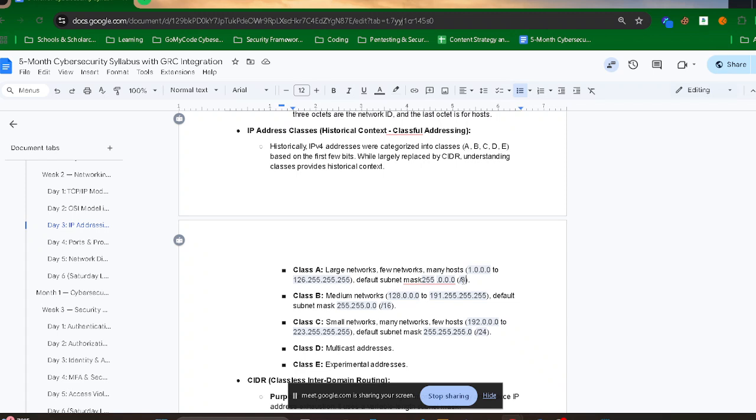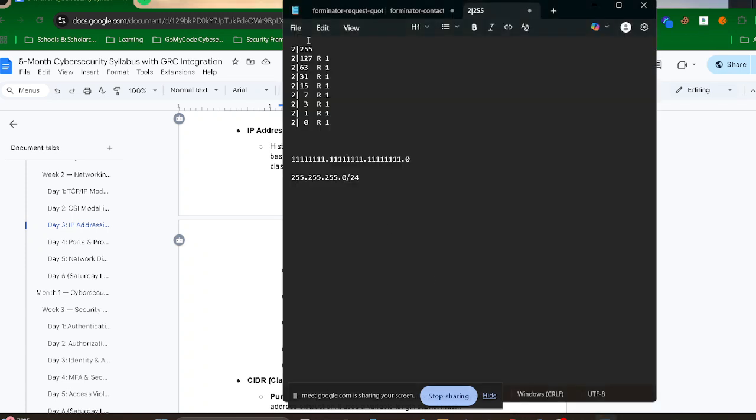We converted 255 to binary the other time. So this one means that it has 24 ones here, slash 24, right?